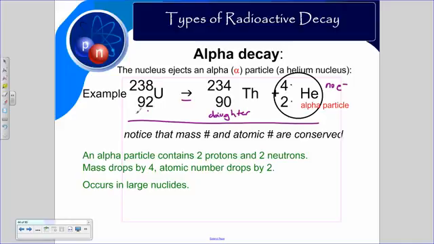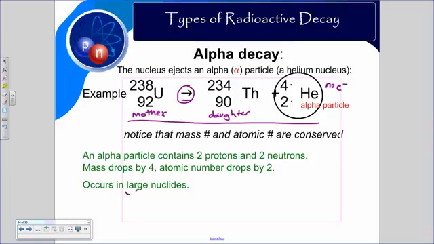So uranium-238, your mother nucleus, is unstable, and it must emit some particles and/or energy in order to become more stable. So what happens is this alpha particle is ejected from the nucleus at a high rate of speed. Notice that on either side of this arrow, mass number and atomic number are identical. 4 plus 234 is 238. 2 plus 90 is 92.